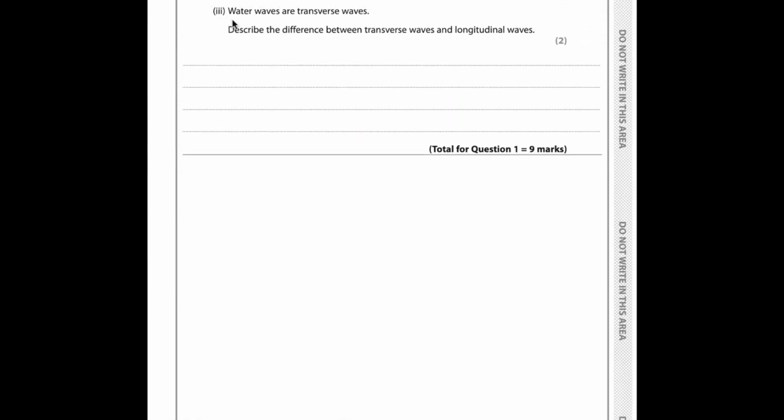Part 3. Water waves are transverse waves. Describe the difference between transverse waves and longitudinal waves. So transverse waves go up and down. So the energy would travel that way, and the vibrations are at 90 degrees. So up and down.